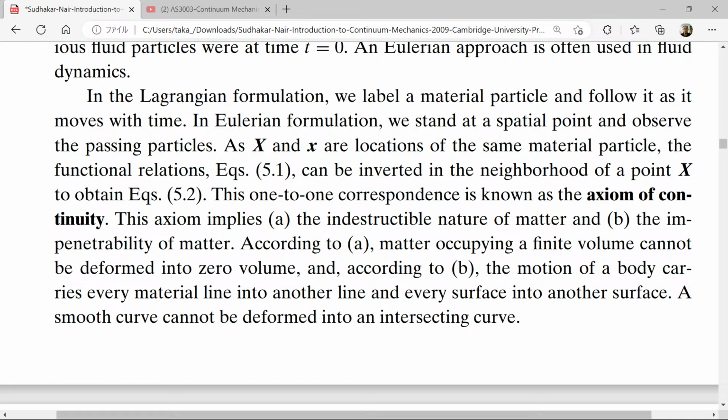According to A, matter occupying a finite volume cannot be deformed into zero volume, and according to B, the motion of a body carries every material line into another line and every surface into another surface.